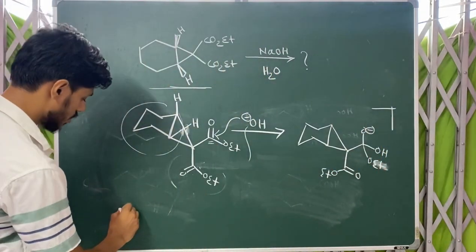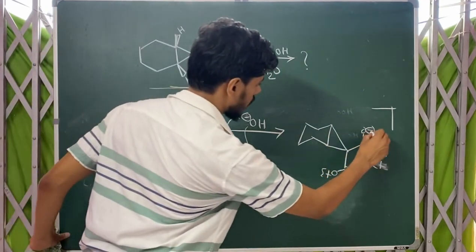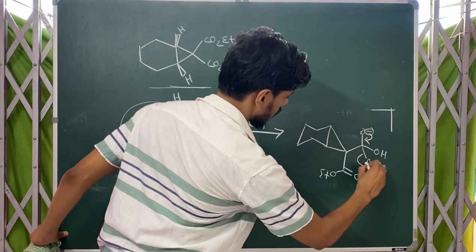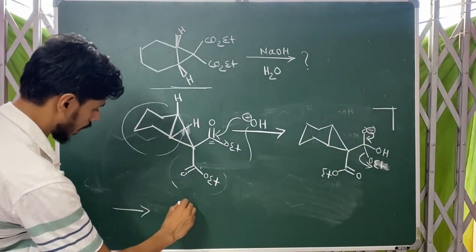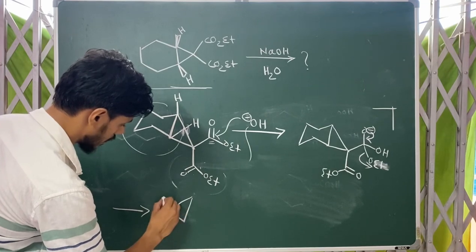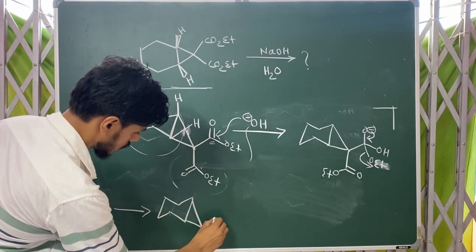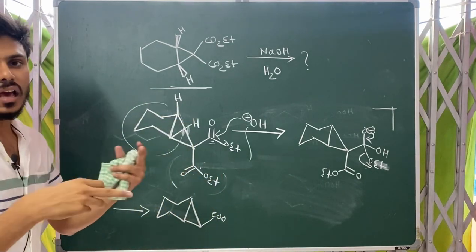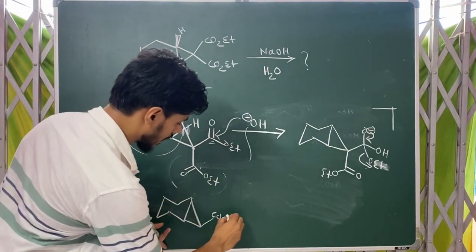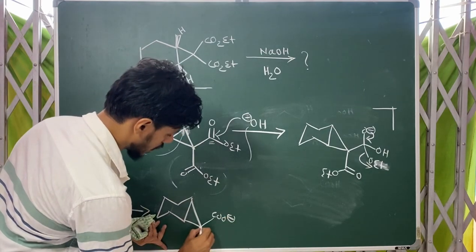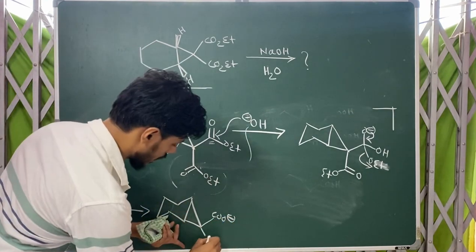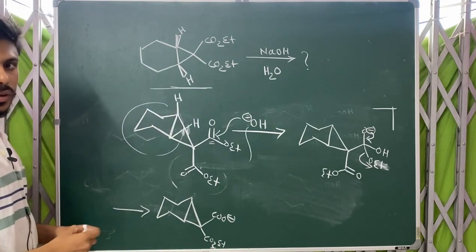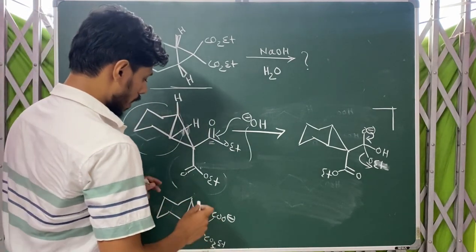In the next step, the tetrahedral intermediate will collapse and you will get this. You will get an acid, and since it takes place in basic medium, you will get a carboxylate anion over here, and here you have the ester group, OEt, CO2Et intact. This is what you will get.